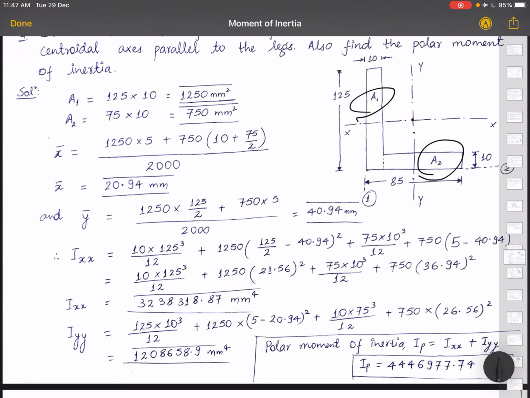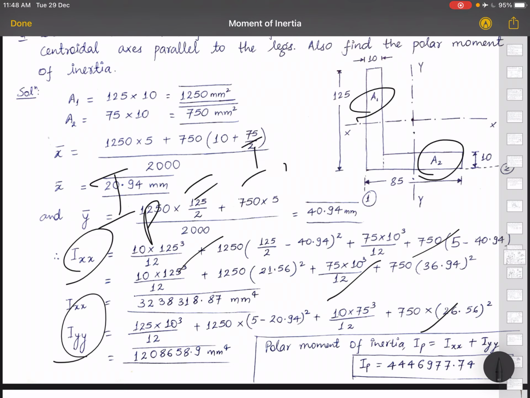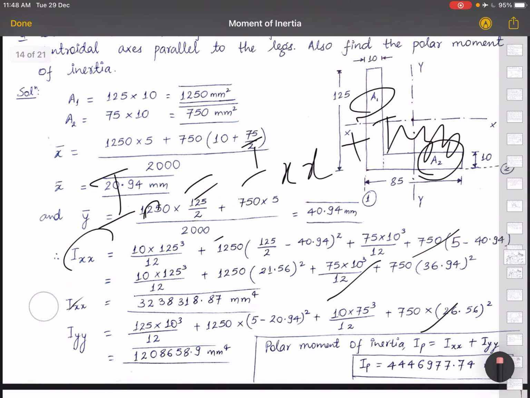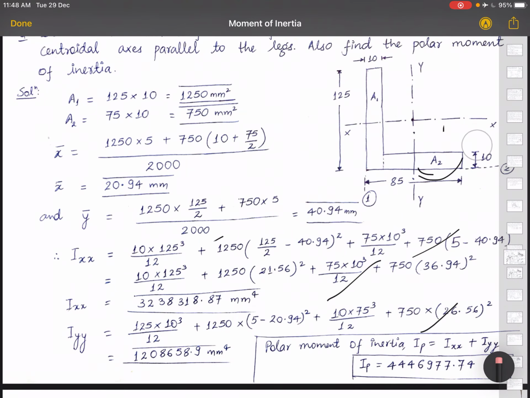Find x bar, find y bar, put values in Ixx and Iyy. Polar moment of inertia is Ixx plus Iyy. I am not going into details. It is a very simple problem. If you have any doubt how the values are coming, you can ask.